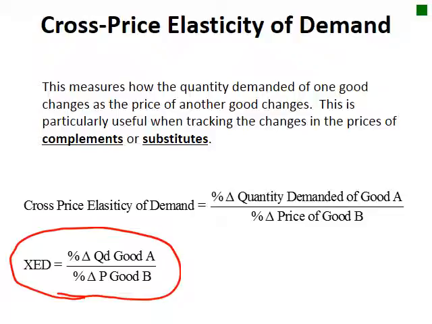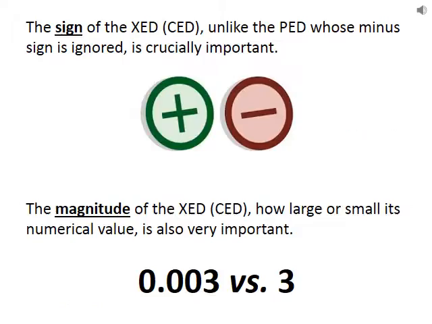And the short form, just like we saw with price elasticity of demand: percentage delta quantity demanded of good A, in other words, percentage change in quantity of good A over percentage change in the price of good B. The sign, unlike price elasticity of demand, when it was negative and we ignored that, this time the sign of the cross elasticity of demand is crucially important, whether it's positive or negative.